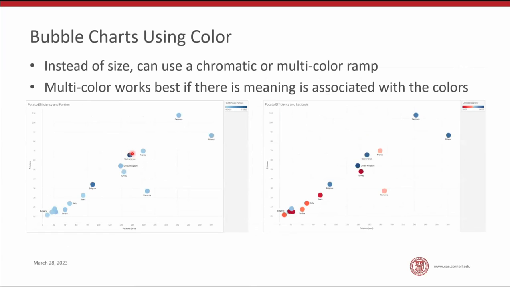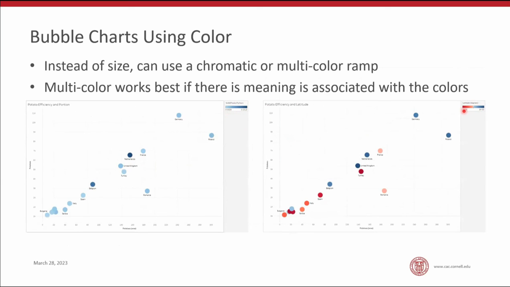Or instead of a size, you could use the color. So here are those same two countries, Belgium and Netherlands, and they're the darker blue, meaning that they've got a higher percentage of their land under potatoes. The color ramp you use does not have to be monochromatic, although it's often a good idea. It's simpler for the eye to understand this.